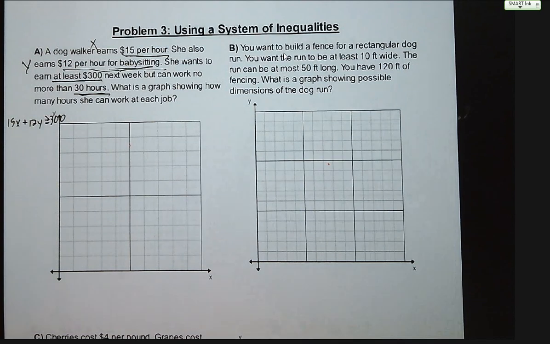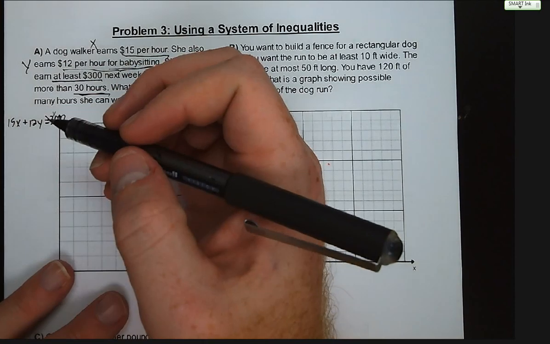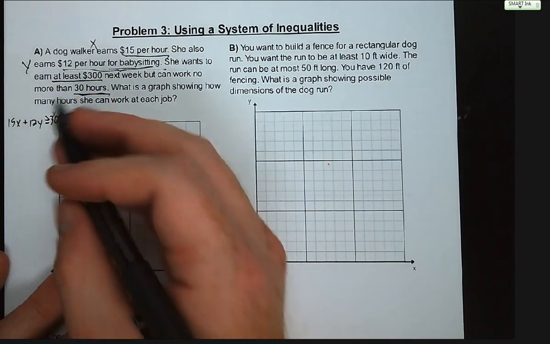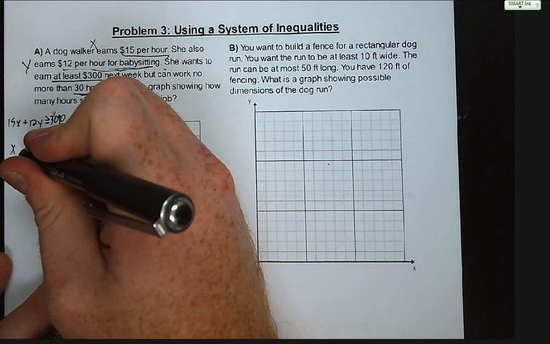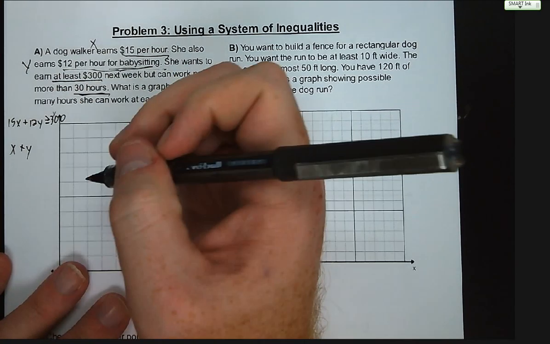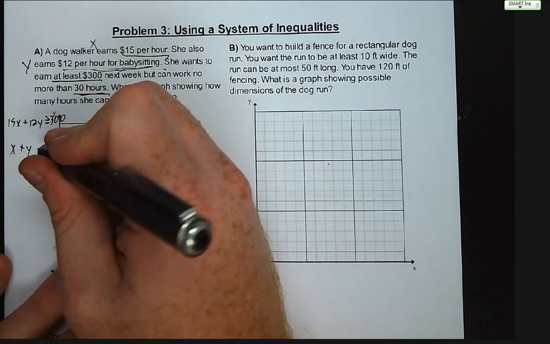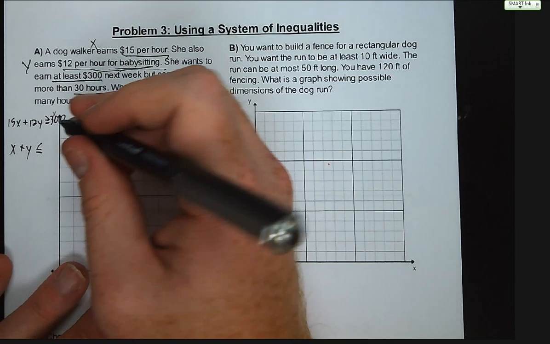That's one line. Our second line is that she can work no more than 30 hours. So the time spent walking dogs plus the time spent babysitting has to be less than or equal to 30.